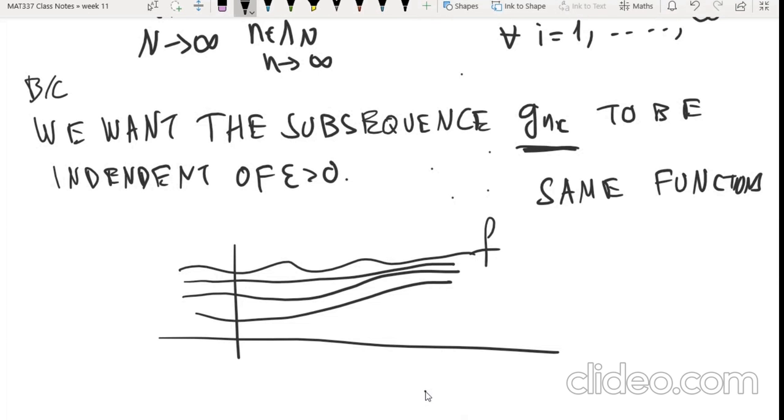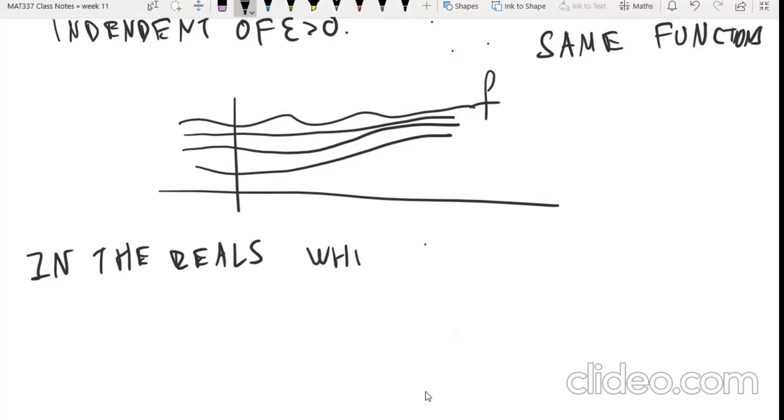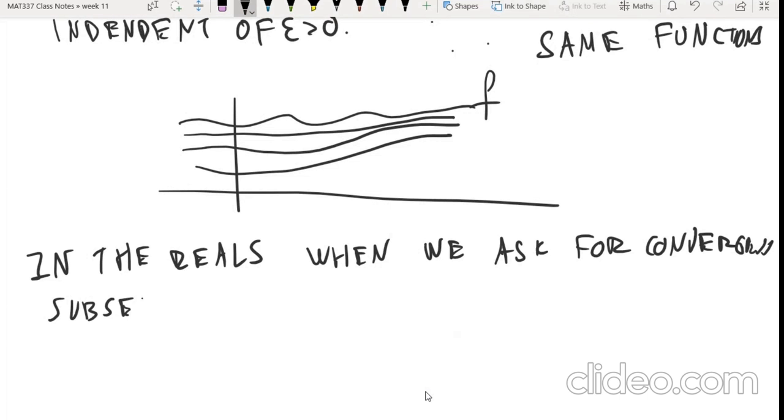It's the same thing with compactness. In the reals, when we ask for a convergent subsequence x_{n_k}, it is also independent of epsilon.